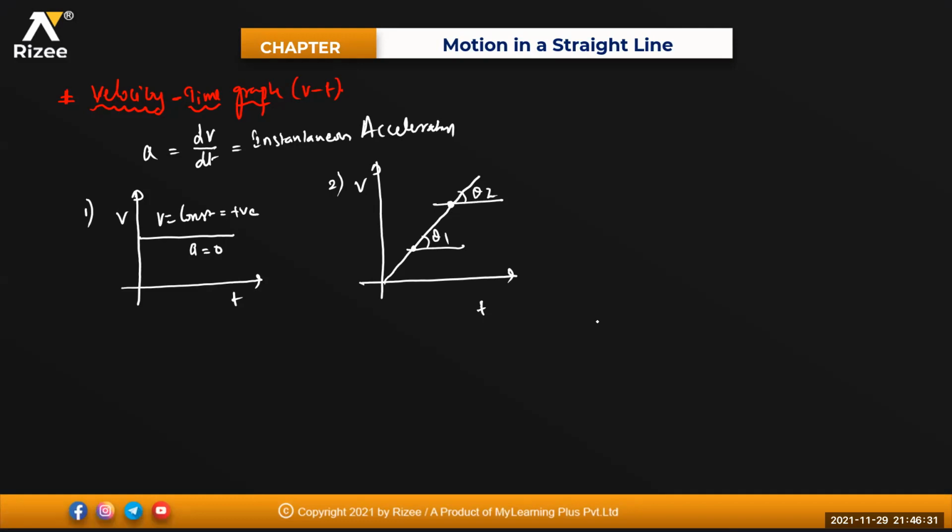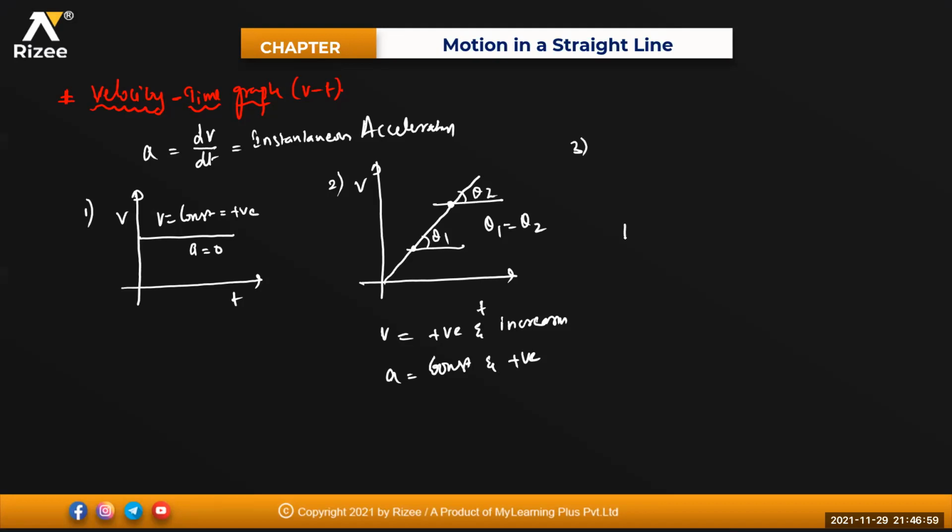So velocity is right now what, beta? Velocity will be positive and increasing. Clear? And acceleration will become constant, and it is also positive. Why? Theta 1 will be equal to theta 2.